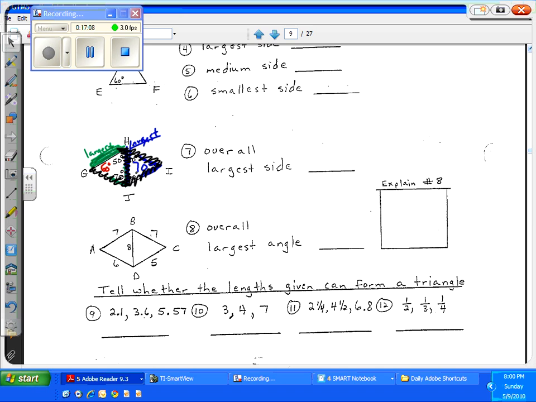So HI is out and GI is out. So the largest overall is GH. That's a little more complicated when you attach two triangles together.